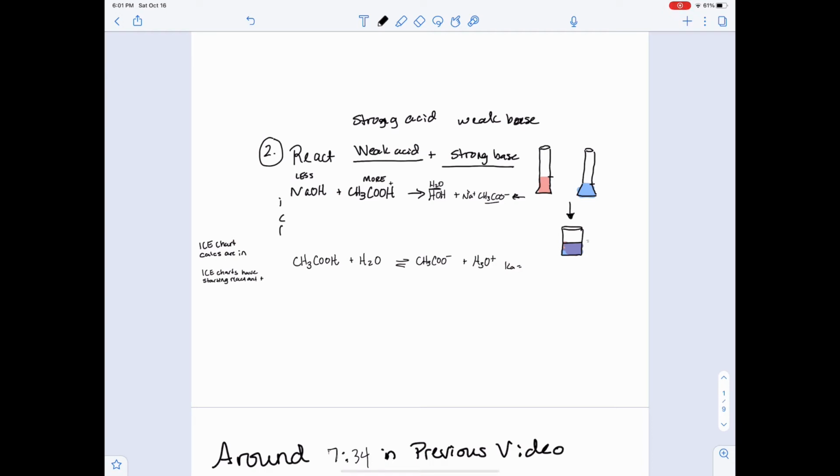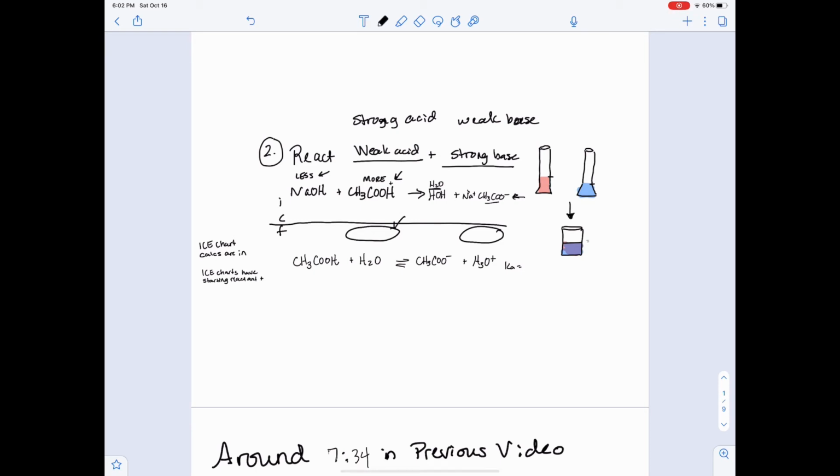And you'll notice over here, there's one of these ICF charts where you have to actually do a reaction, and you're going to be subtracting out numbers, and you're going to have two final values. And what we then focus on is that CH3COOH section, and then the salt section. And again, you're going to have less of the strong thing and more of the weak thing when you're doing these.